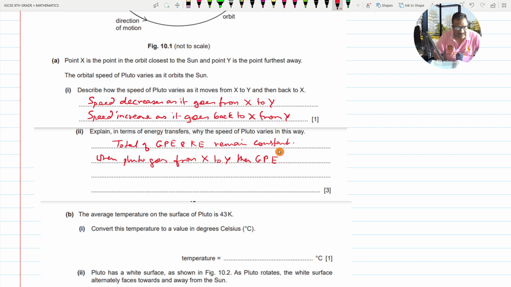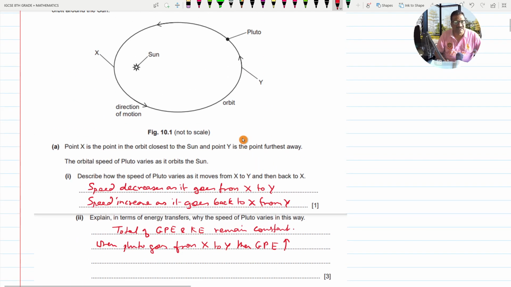So as the distance increases, the potential energy increases. At X the distance is less, and at Y the distance is more. So here the gravitational potential energy will be less, and here the gravitational potential energy will be more.